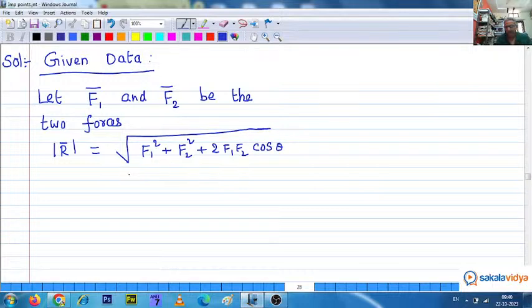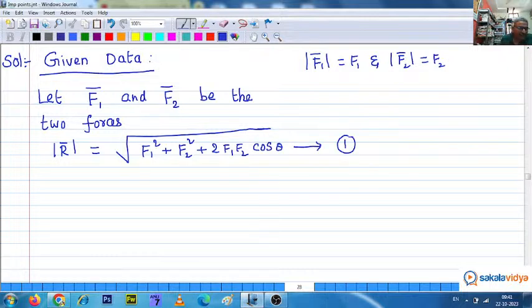This is the resultant of the magnitude of the two vectors. Treat mod F1 bar equal to F1 and mod F2 bar equal to F2. Say this is equation 1.